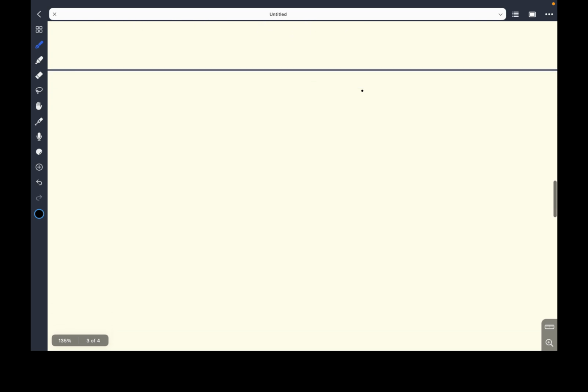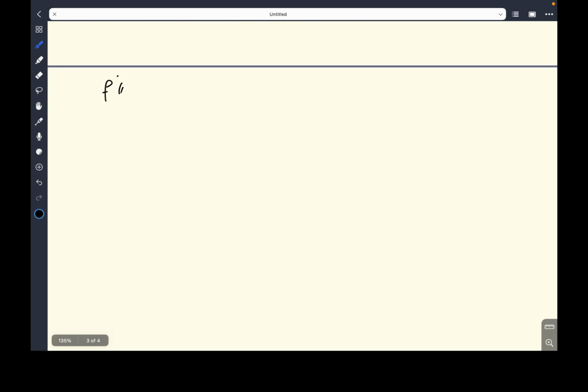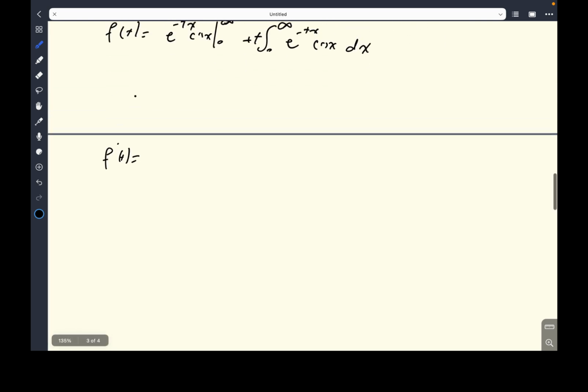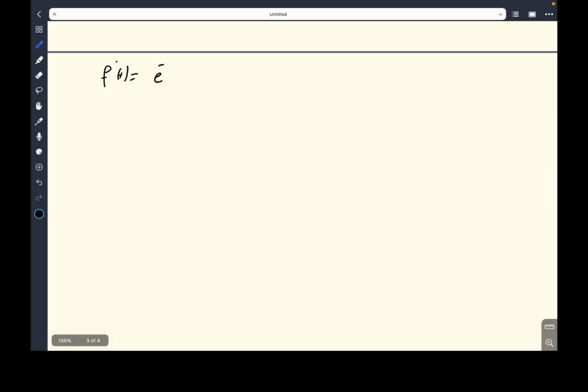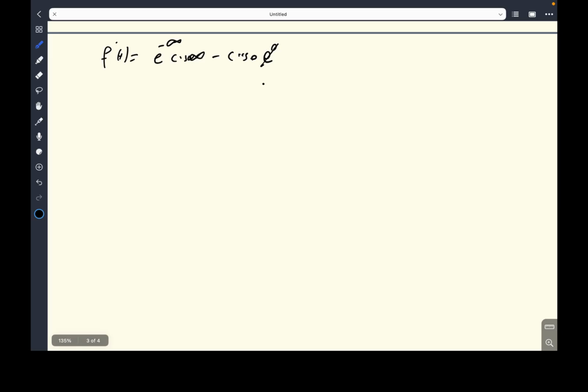Now if I calculate this limit, e to the negative infinity cosine infinity minus cosine of 0 e to the 0, which is 1. If you plug in cosine of 0, it's going to be 1, and e to the negative infinity is 0, because e to the negative infinity is the same as 1 over e to the infinity, which is 1 over a very large number that approaches 0.